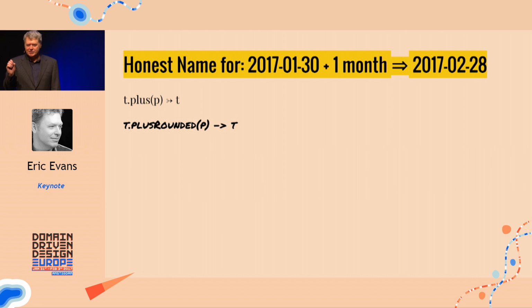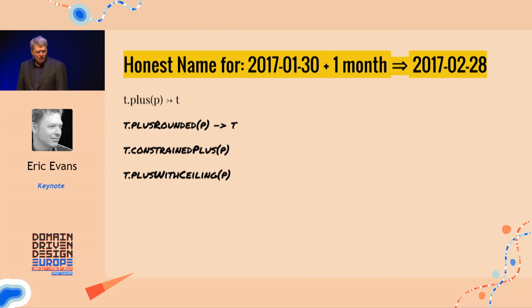Sometimes you'll find pages that are just long lists of possible names of something that I'm puzzling about. So maybe you could say, well, it's sort of plus rounded to the nearest month. Or it's not just month, of course, but any irregular kind of time period. Or maybe it's a constrained plus. Or maybe it's plus with a ceiling.